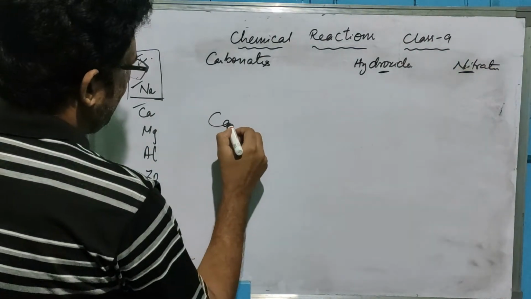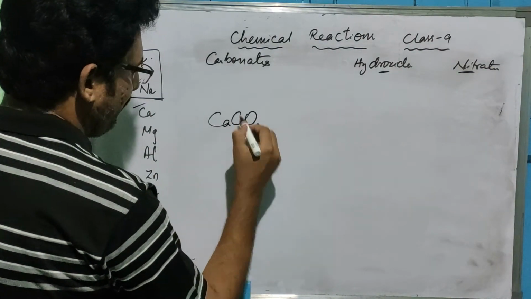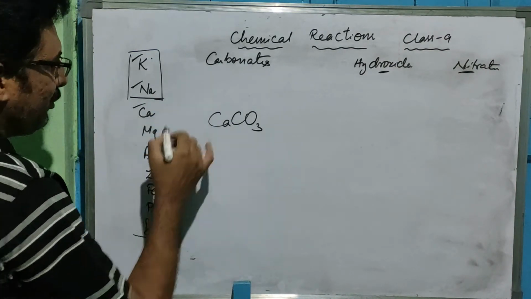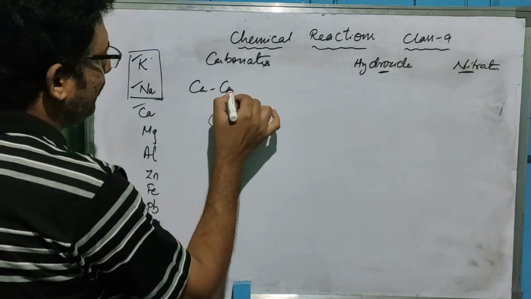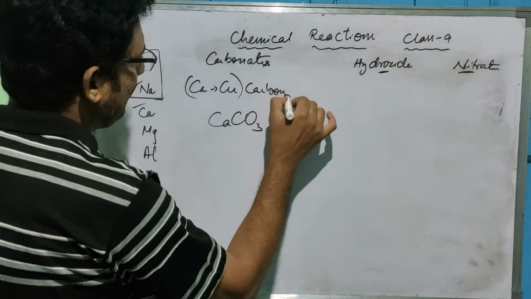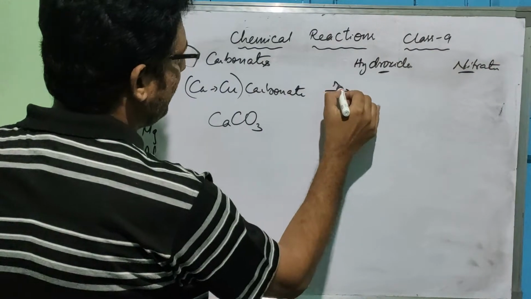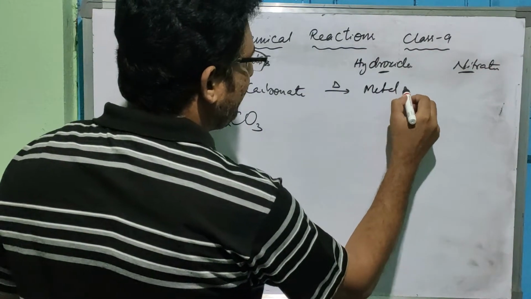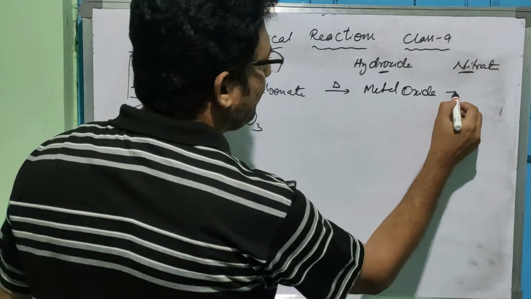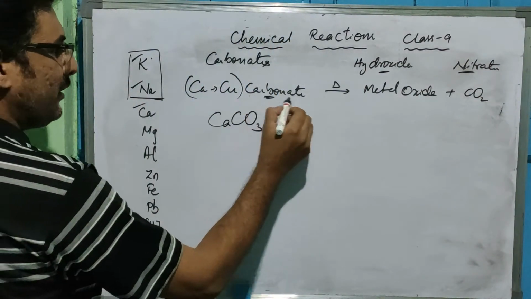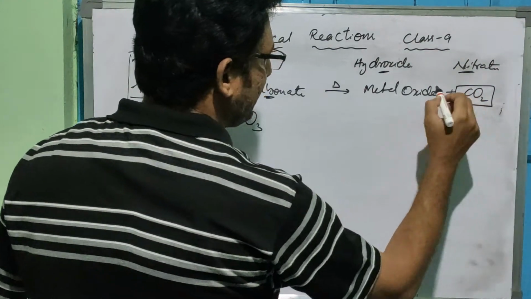If you take any metal from calcium to copper, the carbonate on heating will give you the respective metal oxide plus carbon dioxide. Since it is a carbonate, you will get carbon dioxide gas.